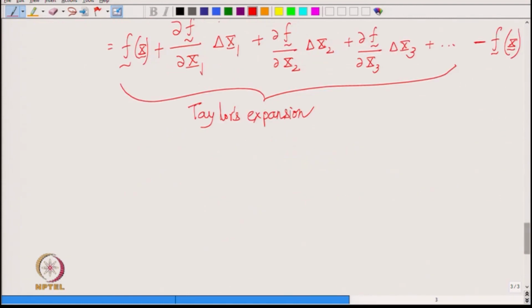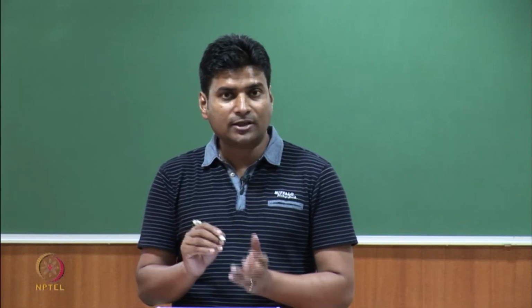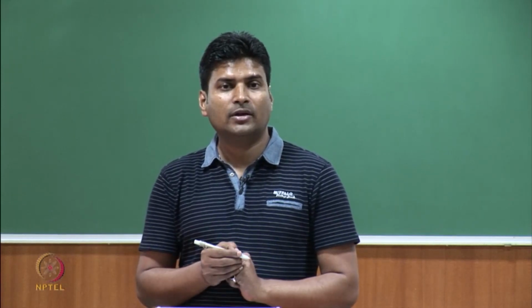Okay, and you can see that the first and last term here cancel, right, and also try to look at the remaining 3 terms here. Can we write it somehow in terms of matrix vector multiplication?